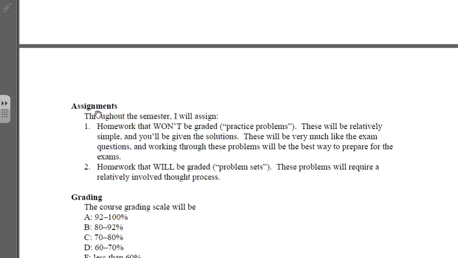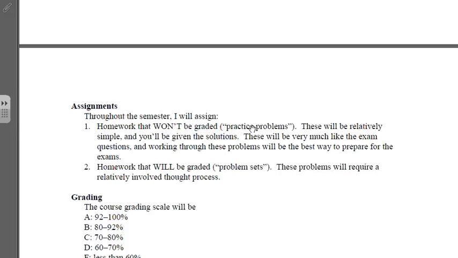There'll be problems I give you that you don't have to turn in, that are just designed to be very similar conceptually to the problems you're going to see on the exams. And I'll give you the full solutions to all of those. So those are just for your benefit for studying, and I would recommend doing each of those problems multiple times during the semester. Those are the ones that I'll call practice problems.